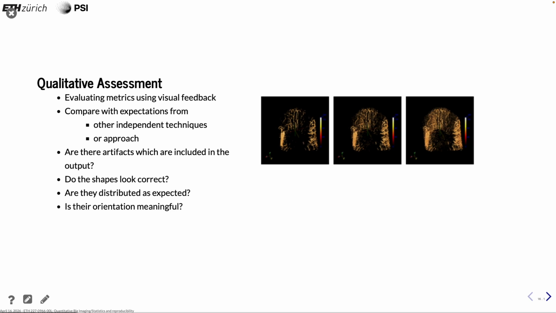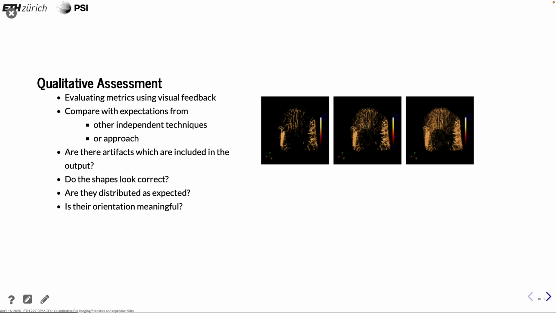The qualitative assessment is often done using some kind of visual feedback. We can compare different expectations on different independent techniques or approaches. And if there are artifacts, how do they affect the output?